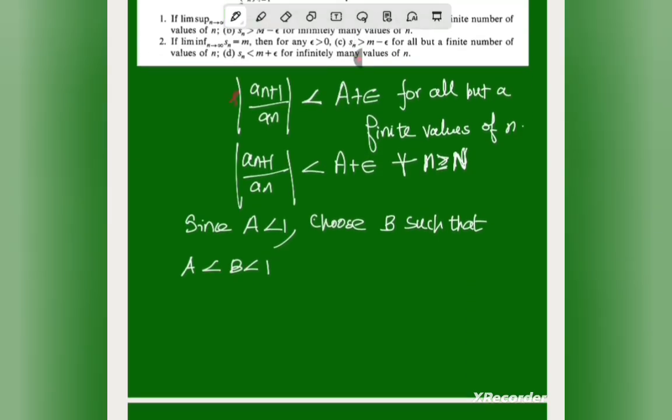Then there exists some epsilon such that B equals A plus epsilon. Shall I write it like this?